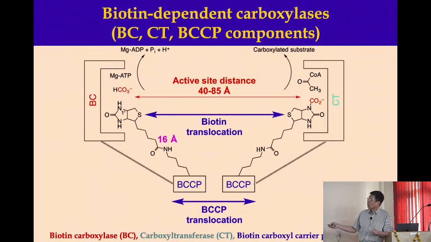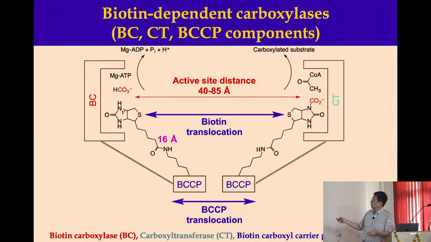So ATP is hydrolyzed, and then the hydrolysis of ATP basically dehydrates bicarbonate to CO2, which then attacks the biotin, and then the biotin becomes carboxylated. So that's so-called BC, biotin carboxylase. That's the enzyme that carboxylates the biotin. So basically, this activates the CO2.